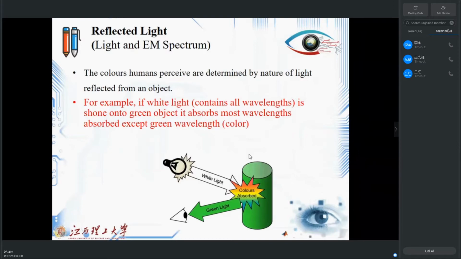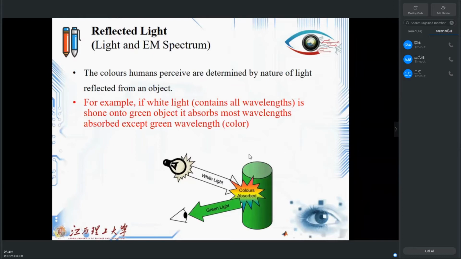For example, if white light containing all the wavelengths is shone onto a green object or blue object, it absorbs most wavelengths except the green wavelength, as you will see.